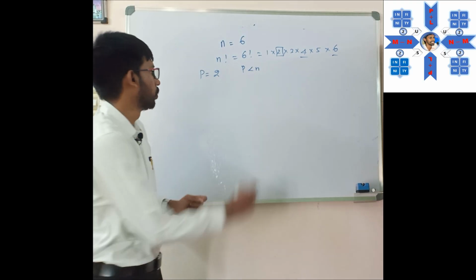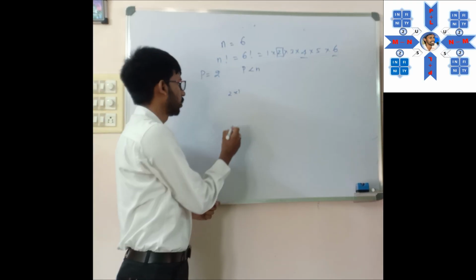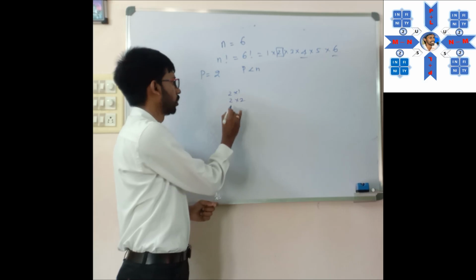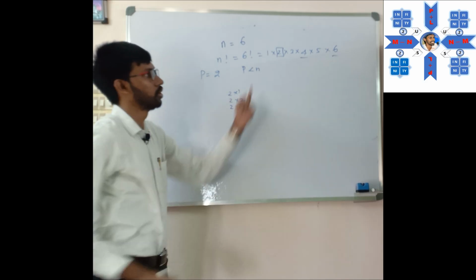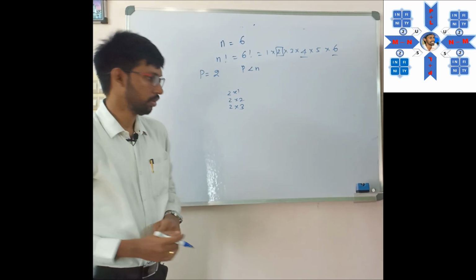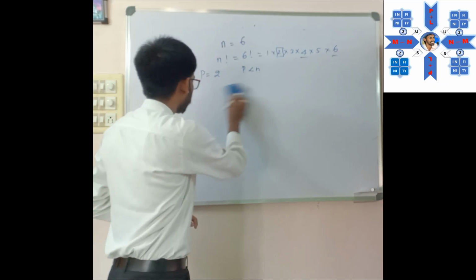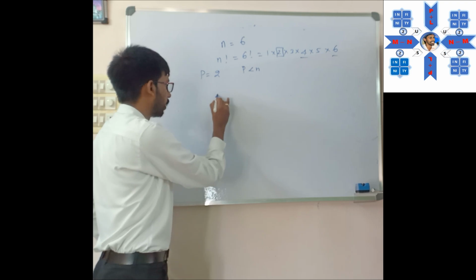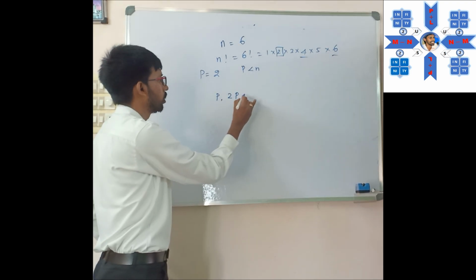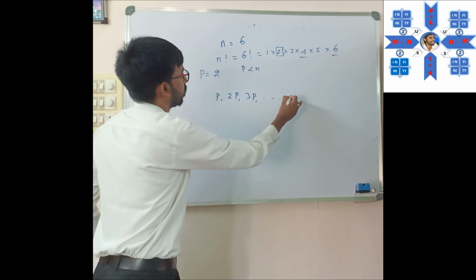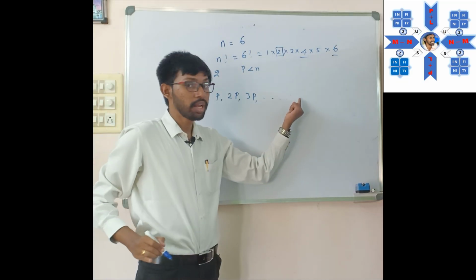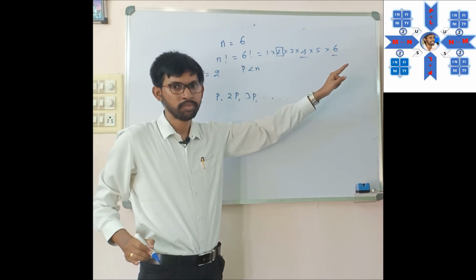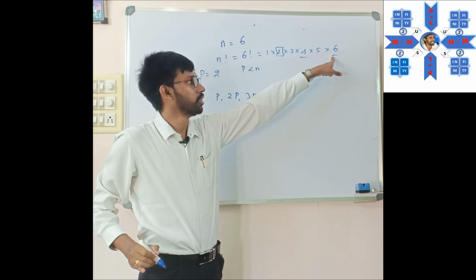So 1 time p, 2 times p, 3 times p are observed there. What people in general say is p, 2p, 3p, etc. It cannot exceed n. In this case, it is 6.